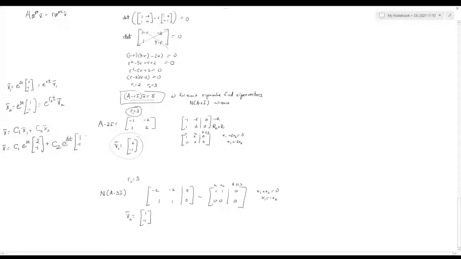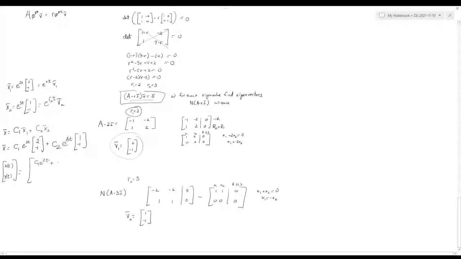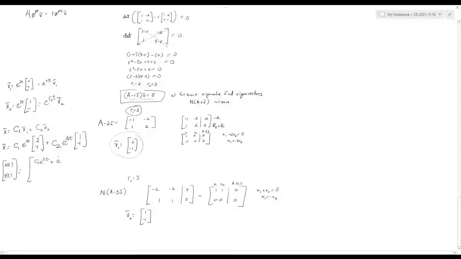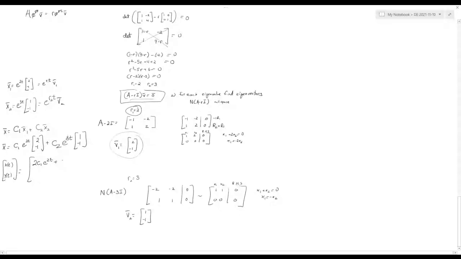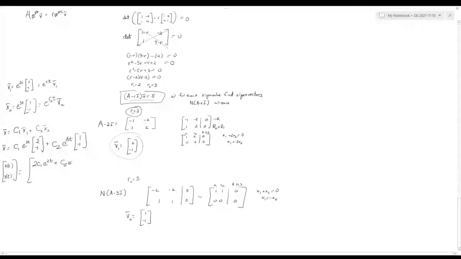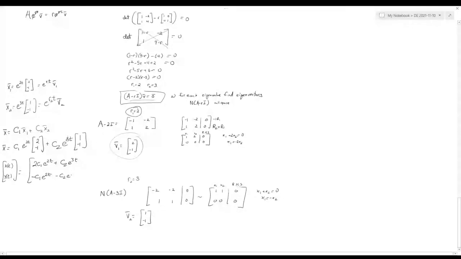In other words, we see x and y as functions of t. X can be thought of as a combination of e to the 2t and e to the 3t. So 2C1 e to the 2t plus C2 e to the 3t. Do you see how you got that for x?